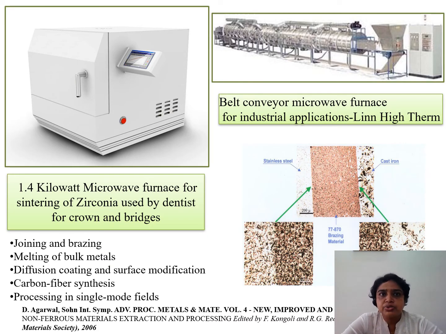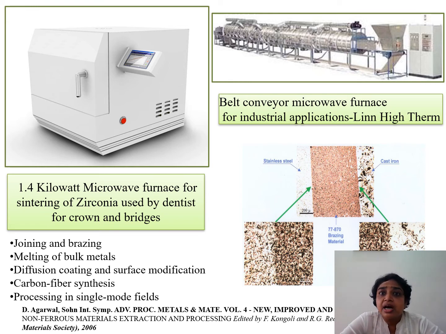Then I'll come to the other furnaces which are available in the market. Here I have shown one furnace which can be used for ceramics such as zirconia. Zirconia is very much used by dentists for crowns and bridges. So this kind of ceramic can be processed using a microwave furnace, 1.4 kilowatt, which I have shown here.